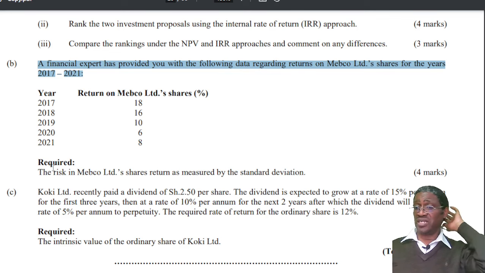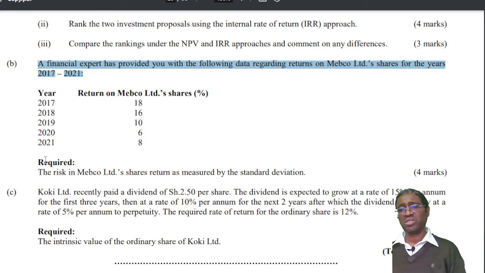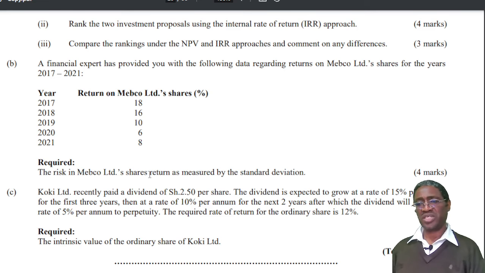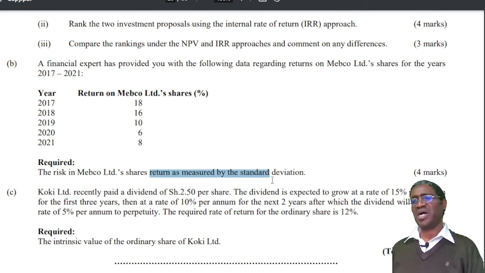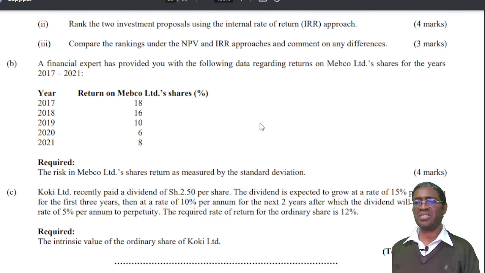You are given the years and the returns. Then you are told, required: calculate the risk of the company shares returns as measured by the standard deviation.